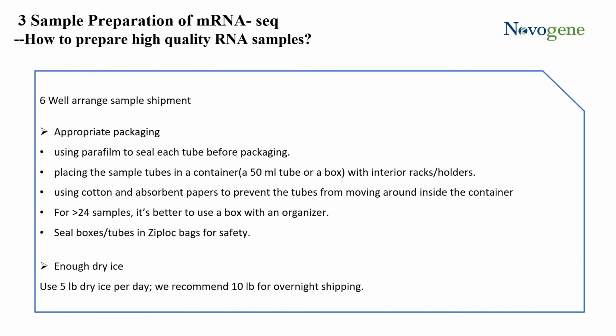If it is a small number of samples, say less than 24 or 10 or 12, you can place the tubes in 50 ml conical tubes, or you can use any box depending upon what you have, and use some cotton or absorbent papers to prevent the tubes from moving around inside the containers. But if you have more than 24 samples, it's better to use cryo boxes with organizers and seal those boxes or tubes in Ziploc bags for safety.